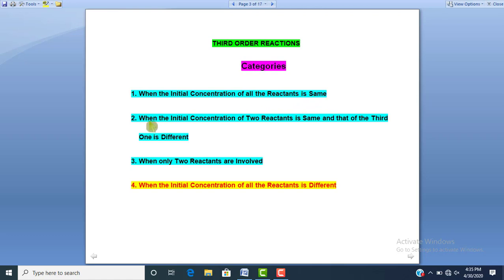Number 2, when the initial concentration of 2 reactants is same, but the third reactant has different concentration. Category number 3, when only 2 reactants are involved. Dear students, these 3 categories, first, second and third, you have studied in my previous lectures.